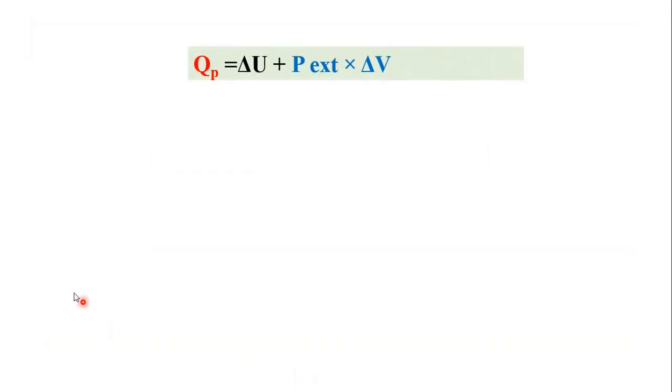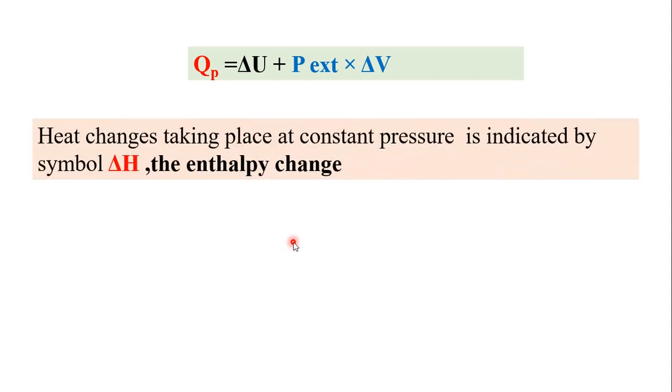Therefore QP is equal to delta U plus P external into delta V, and delta H is equal to QP. That is, the enthalpy change taking place at constant pressure is equal to the heat absorbed or evolved at constant pressure.